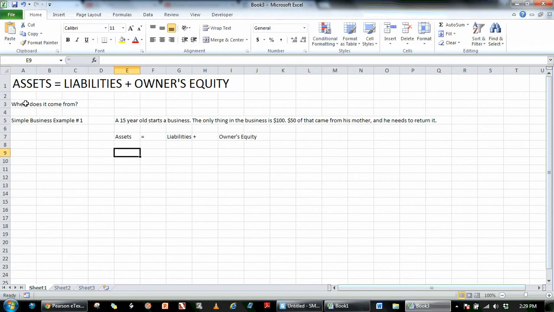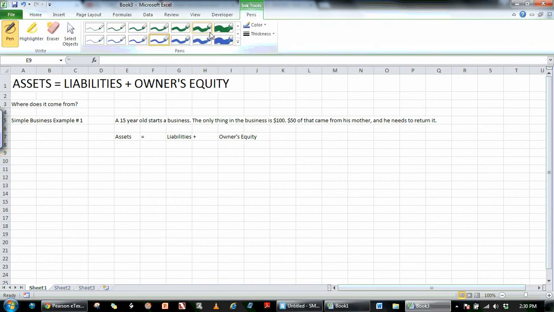What's our definition of assets? We know that assets is anything of value within the business. Here, the only thing of value is that $100 bill, right? There's literally only this $100 bill that is an asset for this 15-year-old.